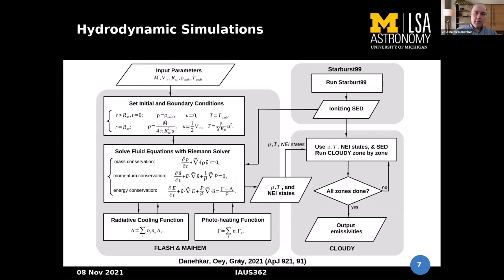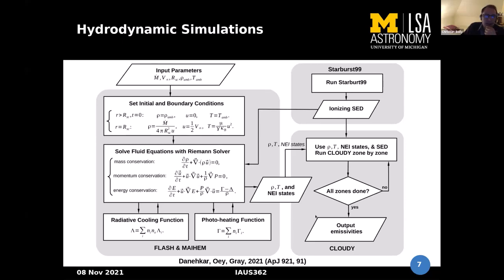Will Gray, the third author, incorporated these radiative cooling and photoheating functions into Flash. So it's a modified Flash, which he called Mayhem. Okay, but what about the grid? Did you use spherical coordinates? Spherical coordinates, yes. Okay.